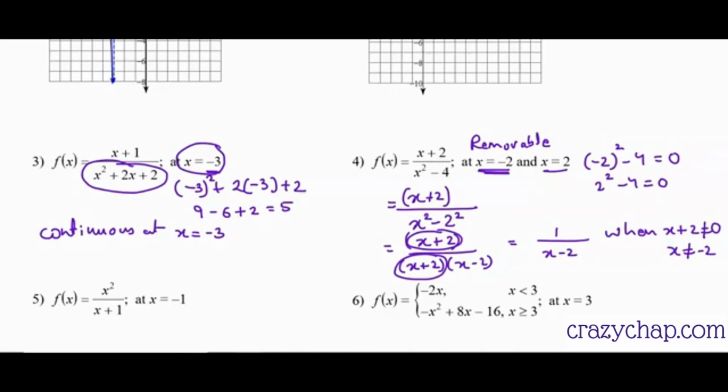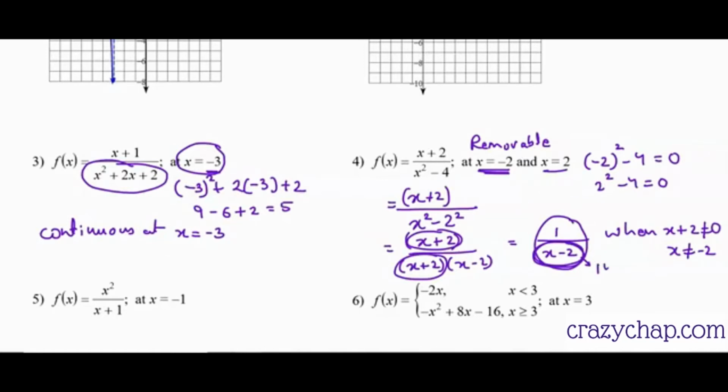And while simplifying, we get this as a rational function. You know very well, denominator 0 makes the infinite discontinuity. Why? Because it makes the vertical asymptote.